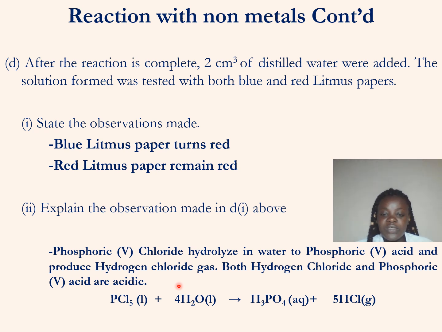So it is due to the presence of both hydrogen chloride and phosphoric acid. So this is the equation here: phosphorus 5 chloride plus water gives us phosphoric acid and hydrochloric acid, which are both acidic, turning our blue litmus papers red.